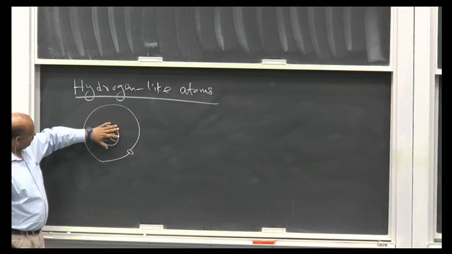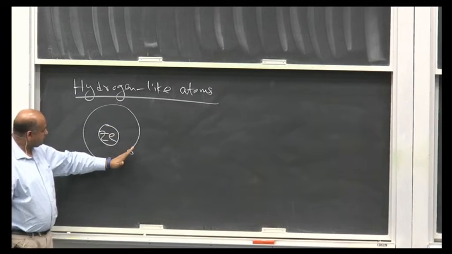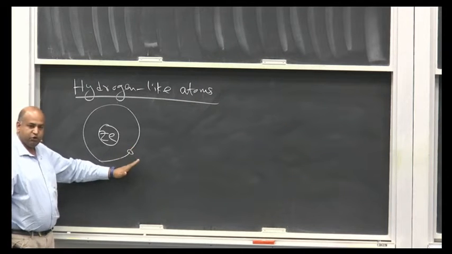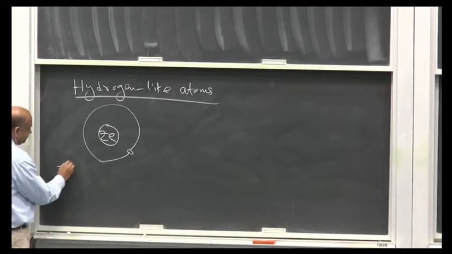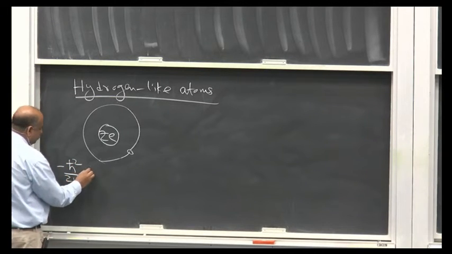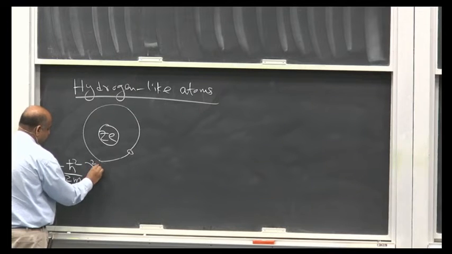So, the actual way of finding the possible stationary states of an electron around the nucleus is that you solve this Schrodinger equation in 3 dimensions.